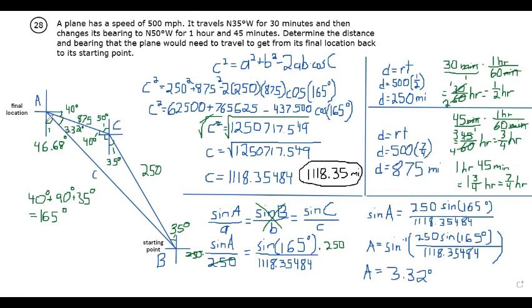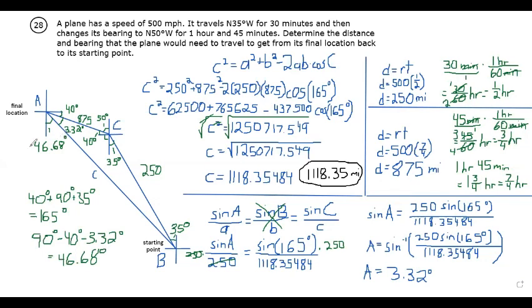So we can just take the 90 degrees and subtract the 40 degrees and subtract the 3.32 degrees. And that will give us 46.68 degrees. So now we know that this angle here is 46.68 degrees.